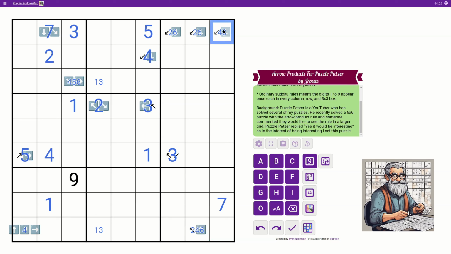Right, and if this is 4, this couldn't be 8. Or is that 4 here, 8, 1 and 2? Why was that not working?